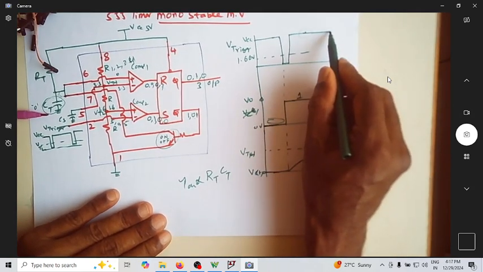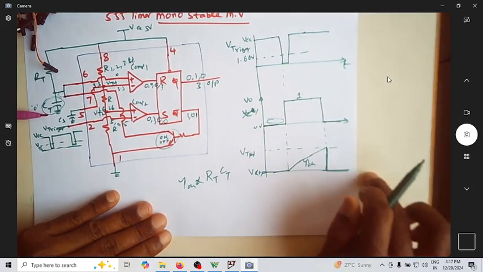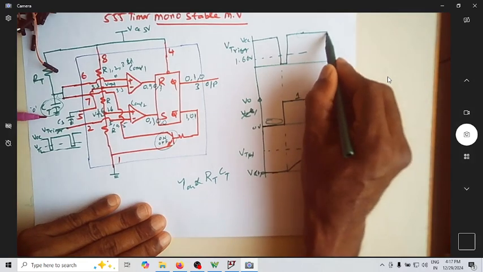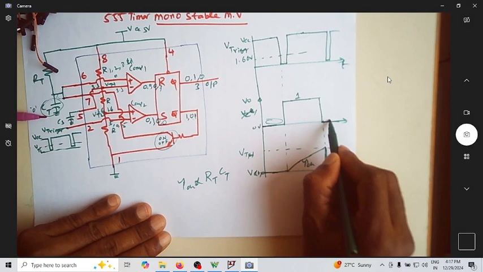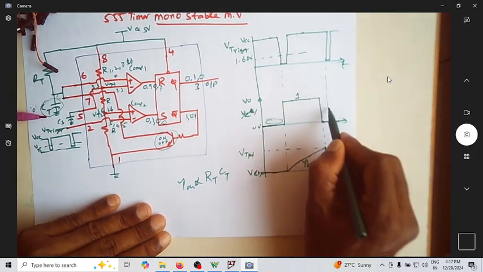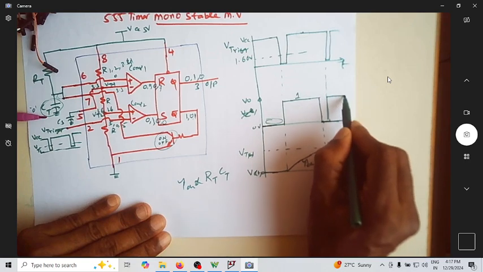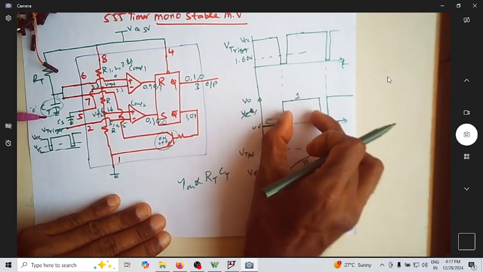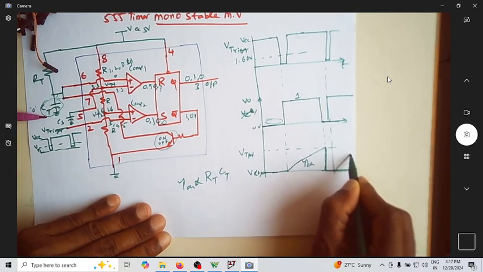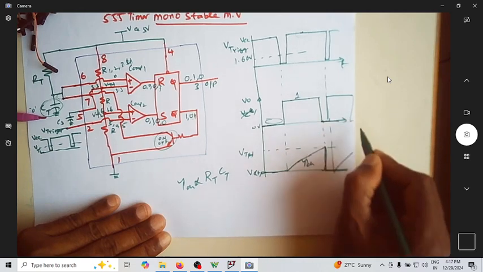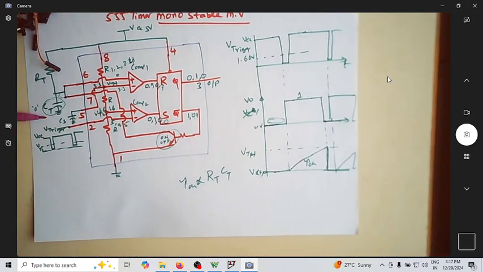Suppose I don't give any trigger signal, it remains as 0. It's a stable state. The moment I give the trigger signal here, this again goes to the quasi-stable state, remains for the predefined time, and from that point the capacitor again starts charging. When it reaches VTH, it comes down, this also comes down, and it continues.